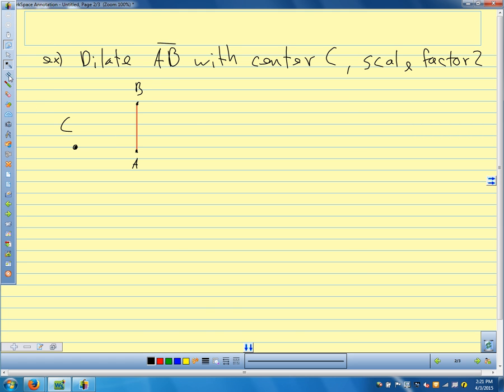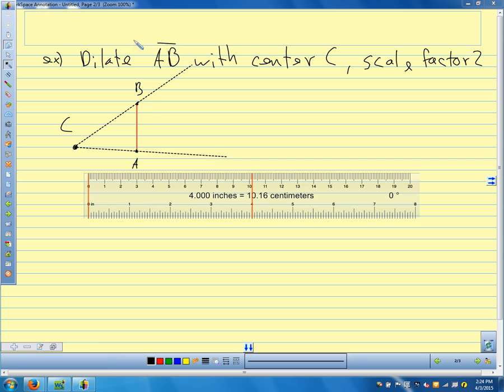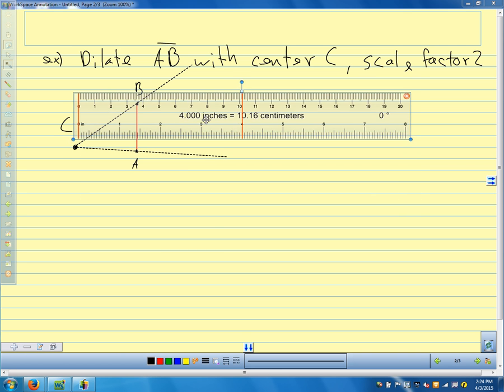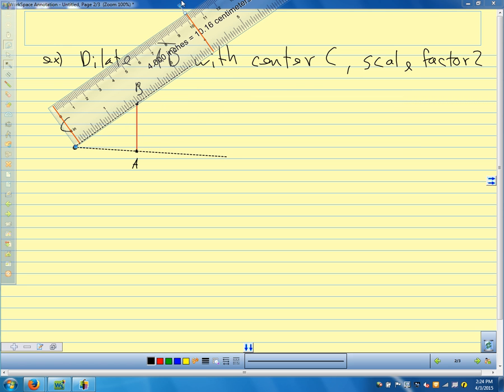In order to do my dilation, I'm going to draw my ray. There's a ray through C and B, and there's a ray through C and A. To make sure I get my scale factor of 2, I need to grab my ruler, and I measure from C to B. It is about 1 3/4 inches.